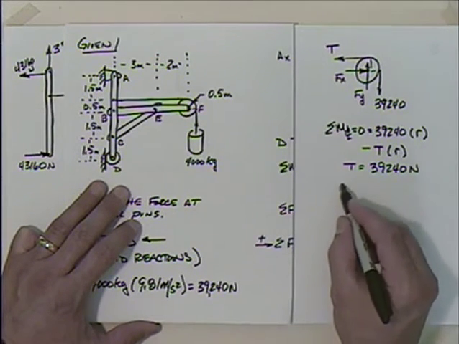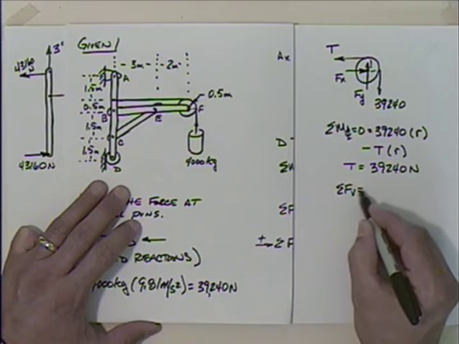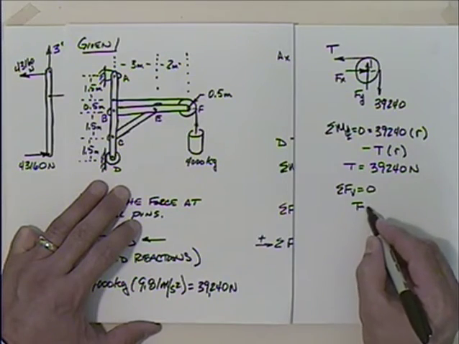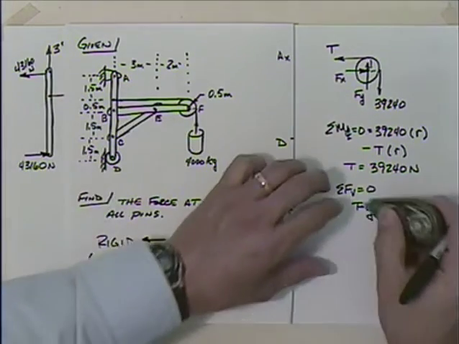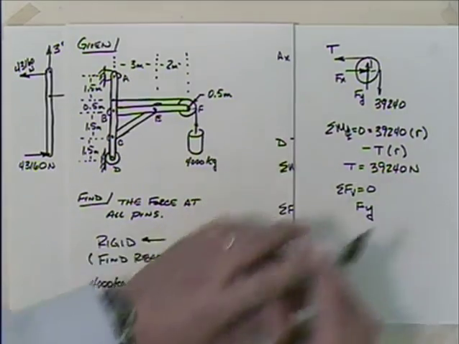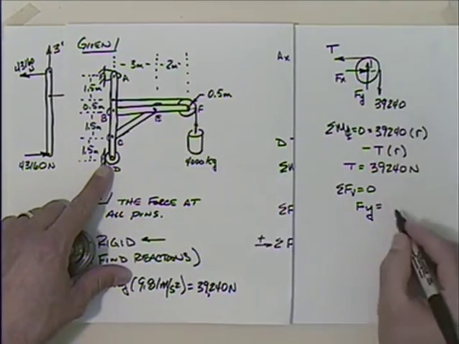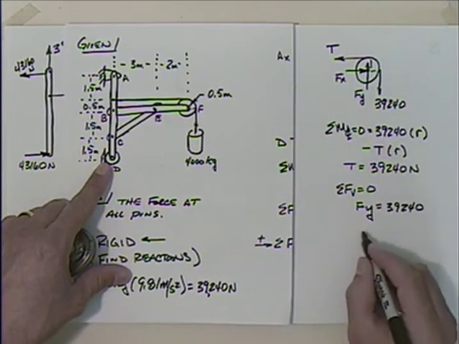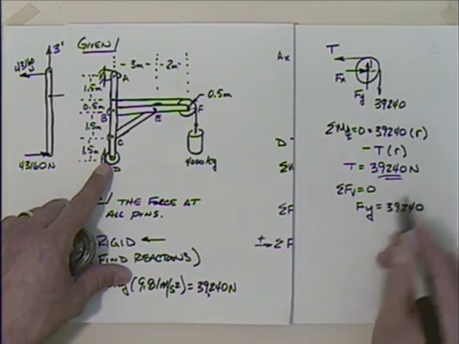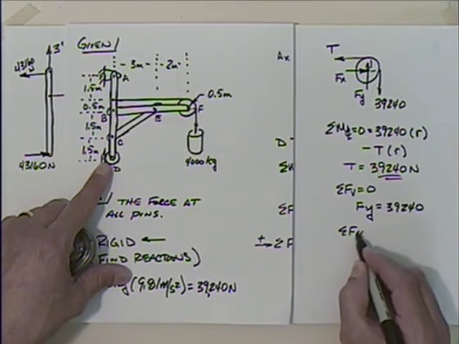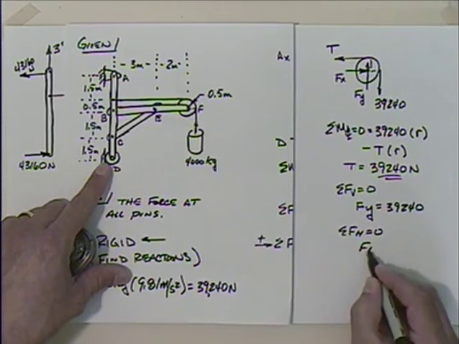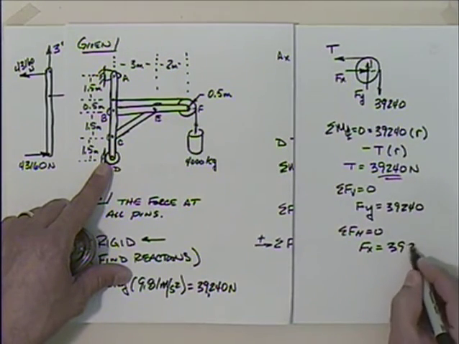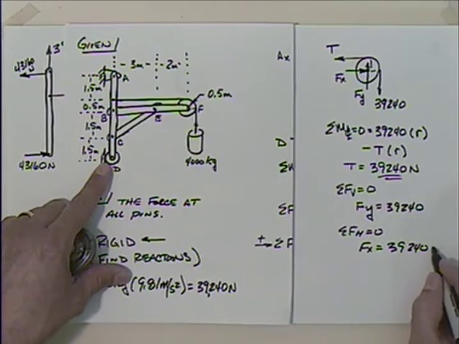If you wanted to sum the forces in the vertical direction, setting those equal to 0, you would conclude that Fy is equal to what? 39,240, and that Fx, once we recognize T is equal to that, sum of the forces in the horizontal direction is equal to 0, so Fx is going to be equal to whatever T is, 39,240 newtons.